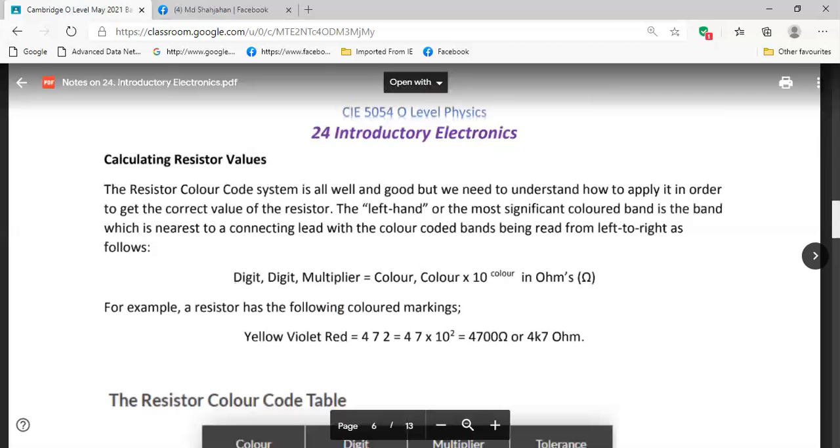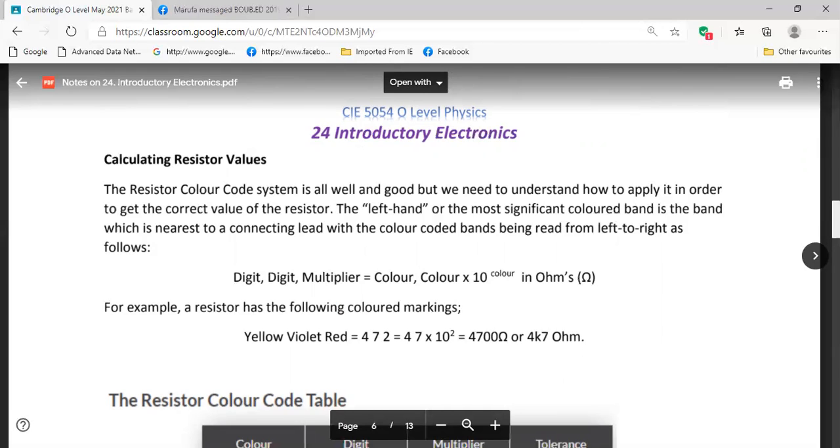And they will tell you which one is band 1, which one is band 2, and which one is band 3. So yellow is band 1 here, violet is band 2 here, and red is band 3.